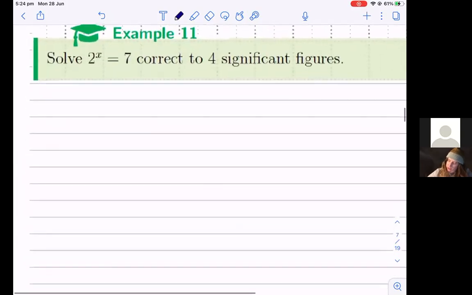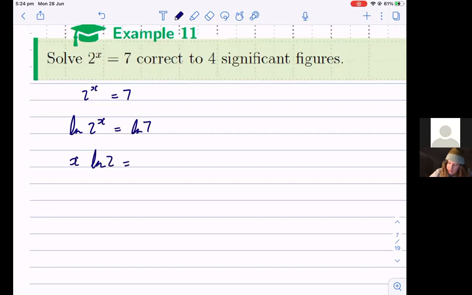Now, this one, we've got 2 to the x equals 7. It's going to be easiest to take the log of both sides, and we may as well do the natural log. You could do the log base 10, doesn't matter. So ln 2 to the x equals ln 7. Take the x down the front. We've got x times ln 2 equals ln 7.